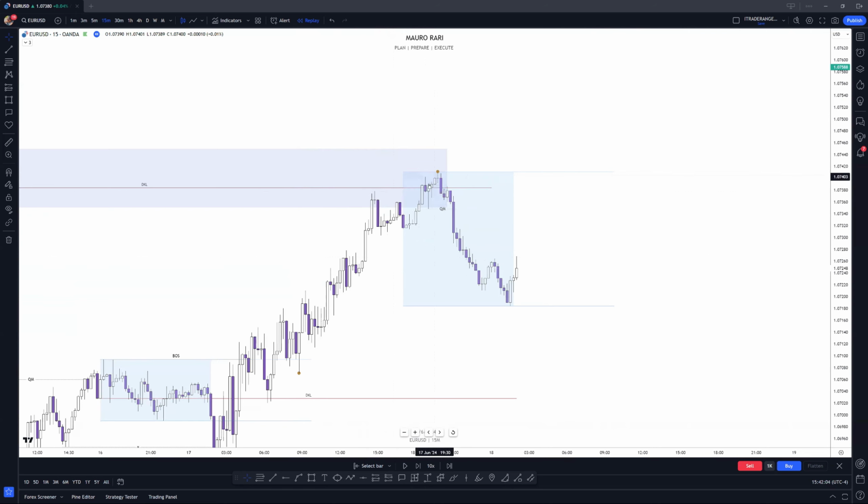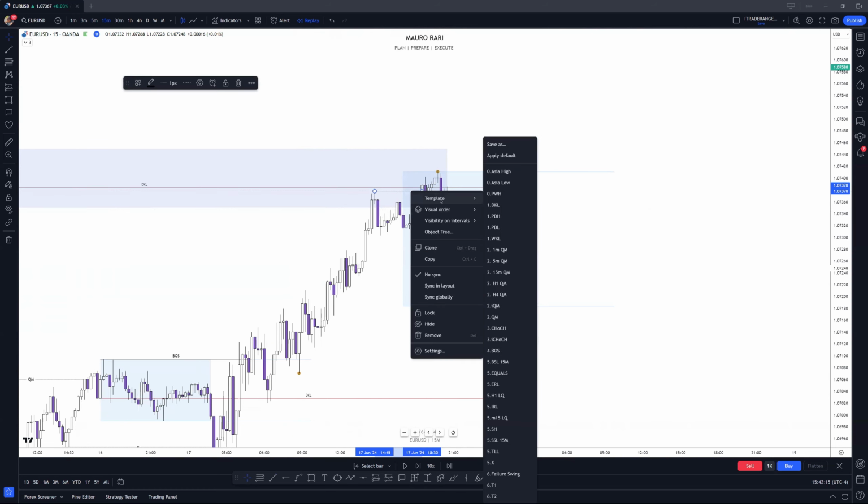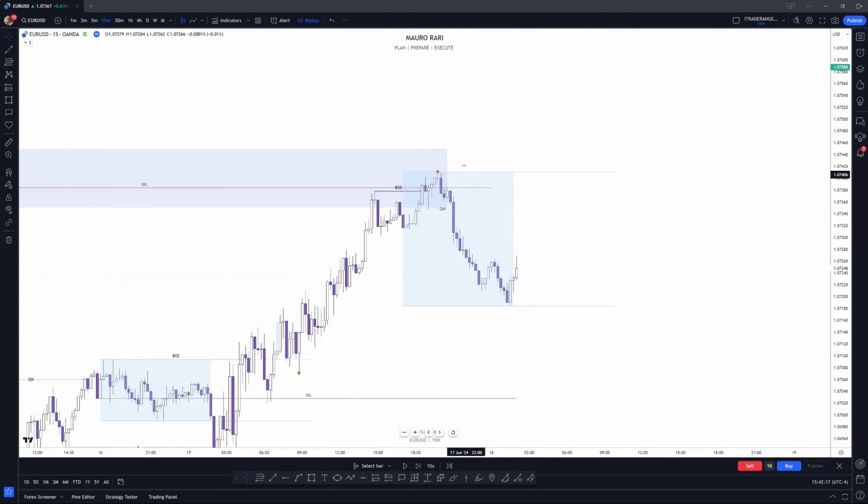And we have Asia making what? Making a strong high, okay? So this point is a strong. We have a QM. This is a very good structure, of course. We have a QM. So from this point, now what we need to see is if the market creates an opposite QM, which it is doing.